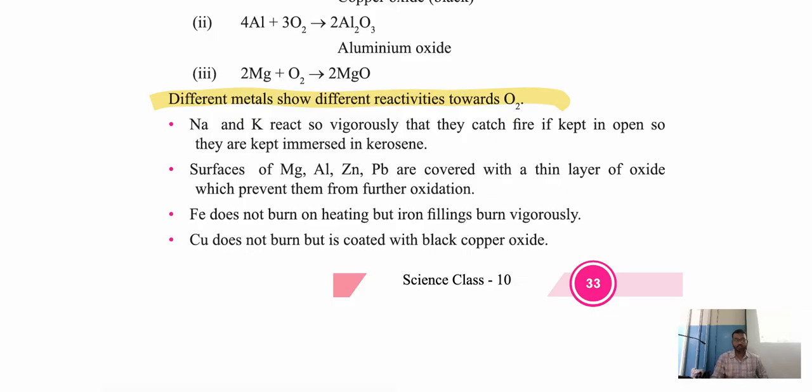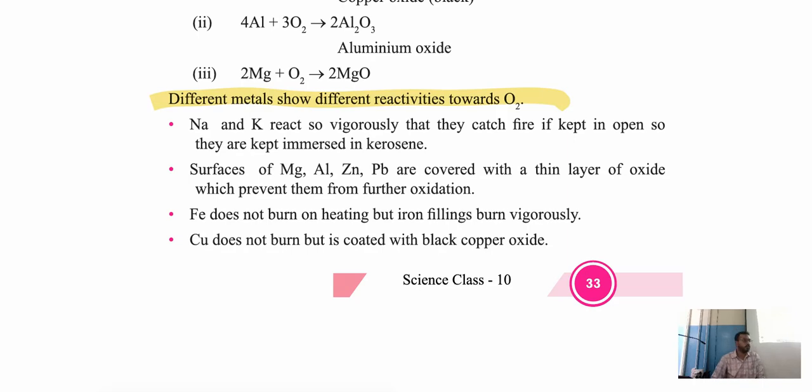It reacts with oxygen so vigorously that they catch fire if kept in the open. Simply if we keep it open, sometimes it will catch fire. So to prevent that, we keep the sodium or potassium in kerosene. In kerosene, it is not going to react.